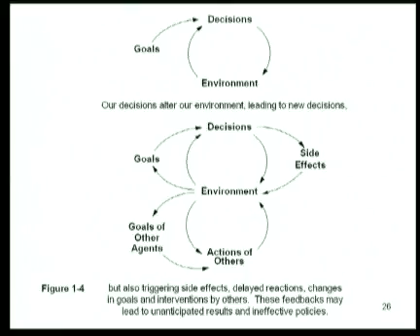If you look at the bottom of the graphic, you still have the same things at the top. You have the goals, the decisions, the environment. There are side effects, though, that come up that influence the environment, and it's valuable to break the side effects out separately and even list them. And those side effects can lead to other actions by other people, and there are goals of these other agents that come into play.